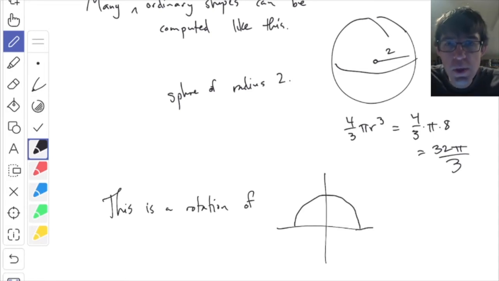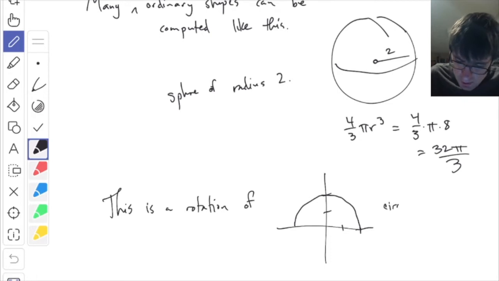Now we don't want the unit circle, we want the circle with radius 2, right? Here I'm drawing only the top half of such a circle, but that's enough, right? Because if you spin just the top half of a circle, you will get the sphere shape that we want. Okay, so this is a rotation of this circle of radius 2.